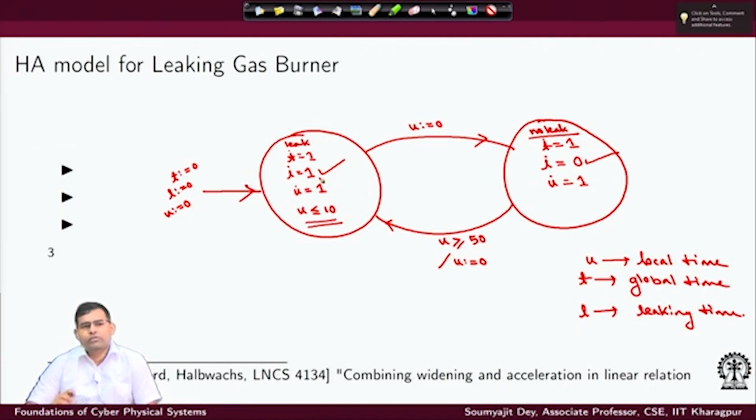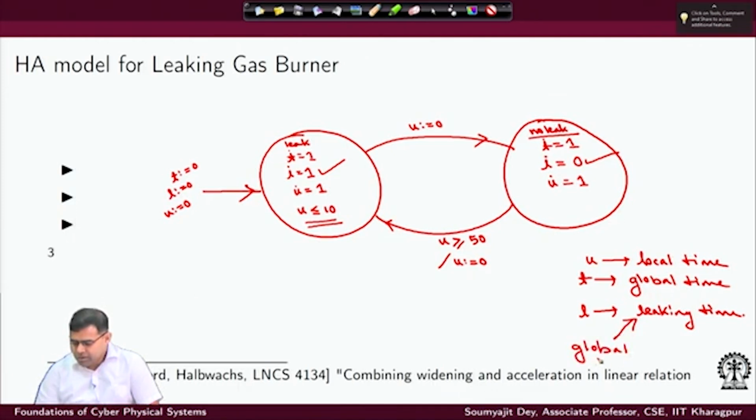You may require it if you have a complex automata and want to use this information for some kind of property checking. You see L is never reset. What is reset is only the variable which you are using for local time measurement, which is U. L is the global leaking time.